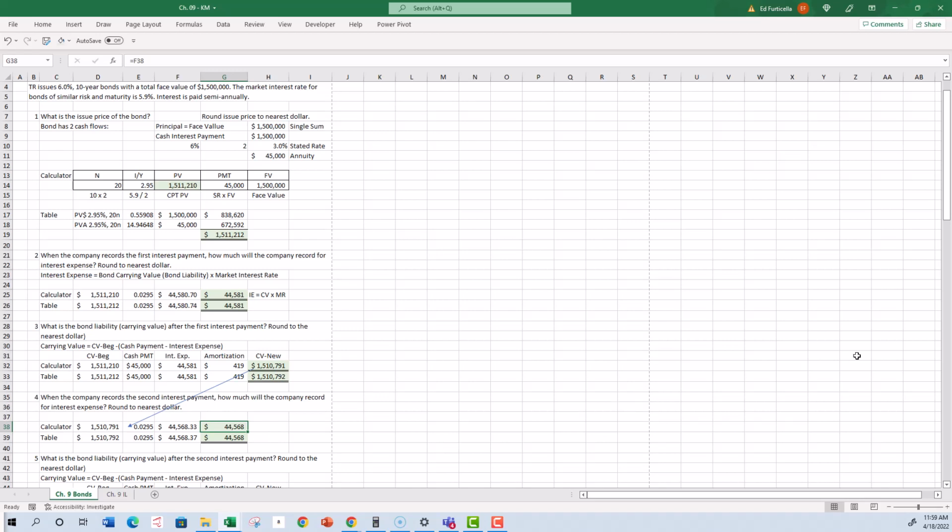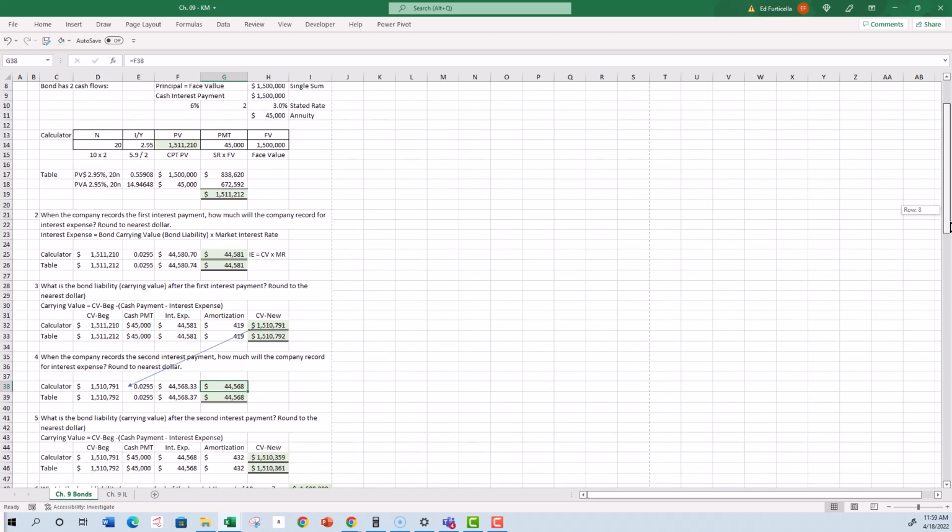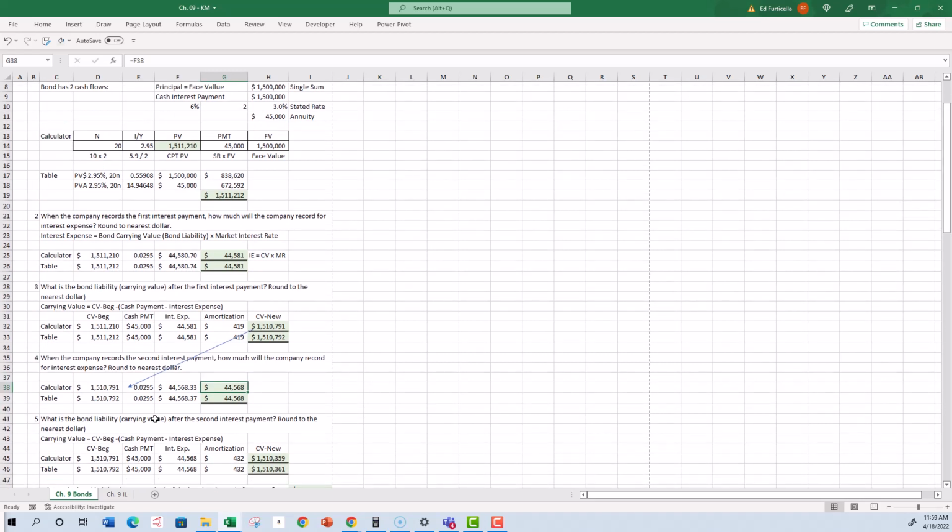The fifth part of this: what's the bond liability after the second interest period? The bond liability after the second interest period is going to be the 1,510,791 carrying value from the prior period, or the 1,510,792 carrying value from the prior period using the tables.